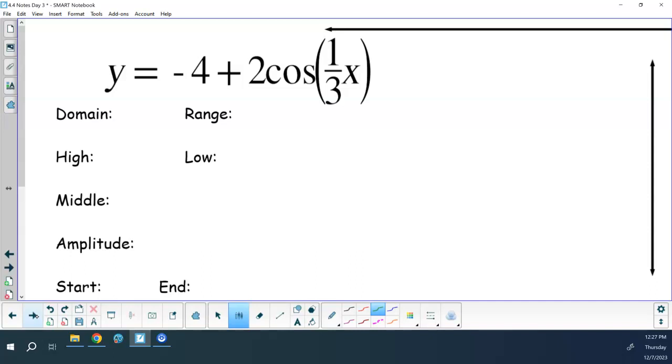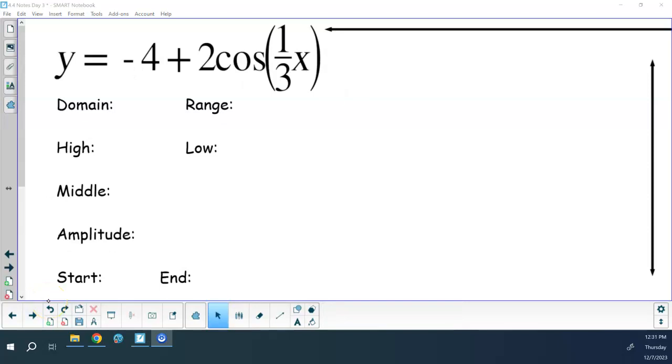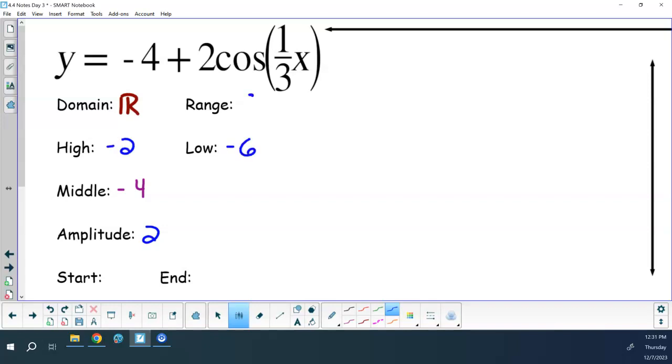I did this one in the form of NTC. Let's see, what do we got? We got a domain of all real numbers. Middle? My middle is at negative 4. What's my amplitude? 2, which means I go all the way up to negative 2 and all the way down to negative 6.